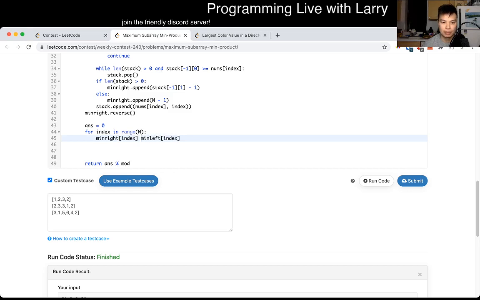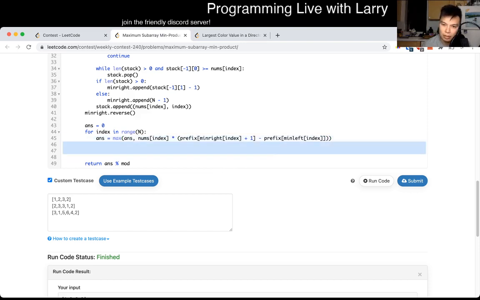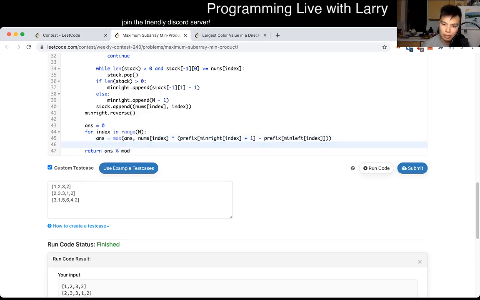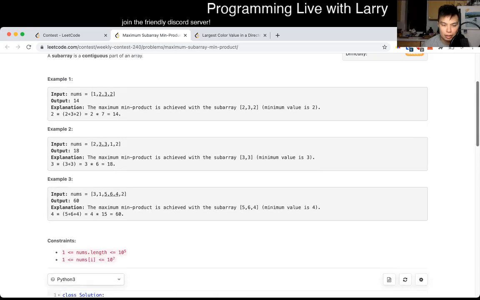And then we want the prefix sum of this minus the prefix sum of this, times the min, which is the current number. Okay.